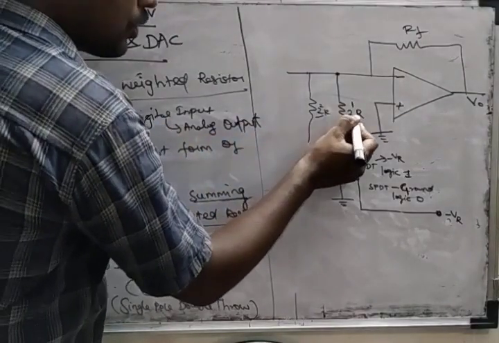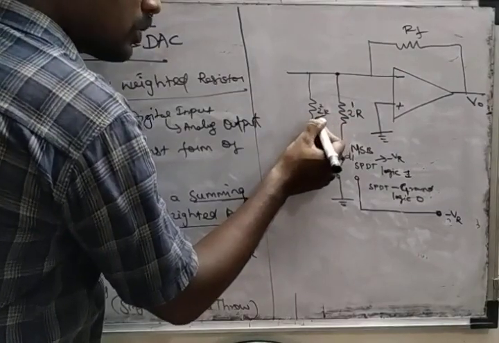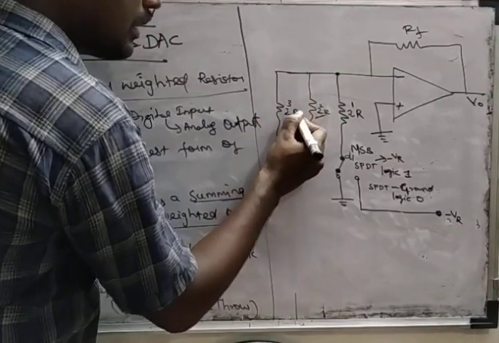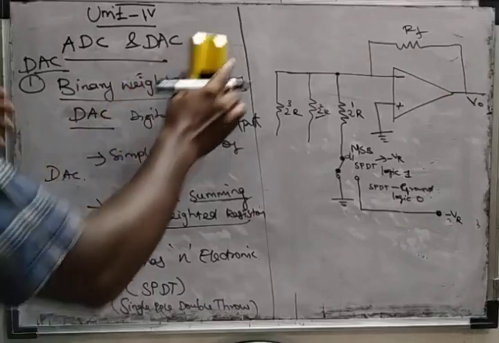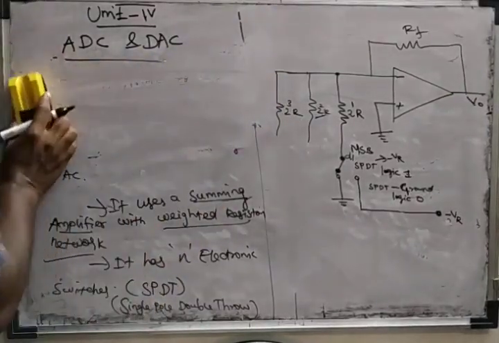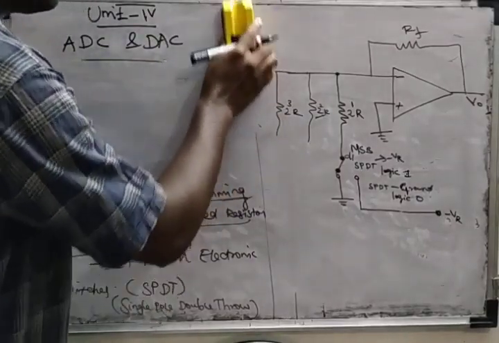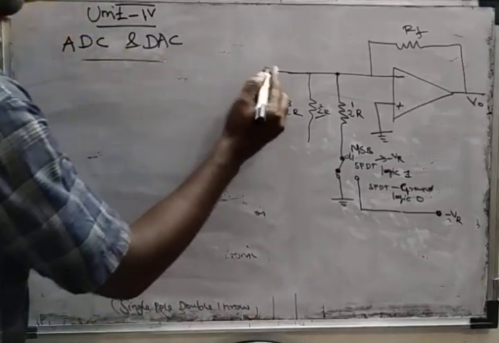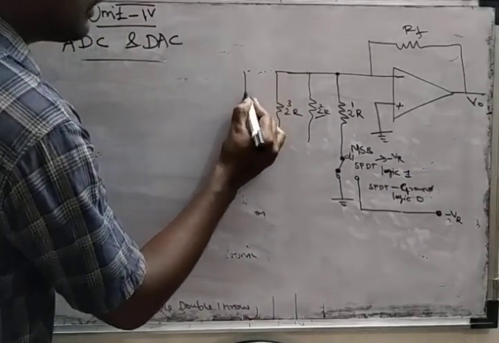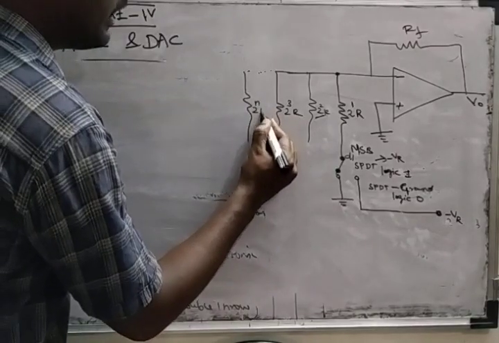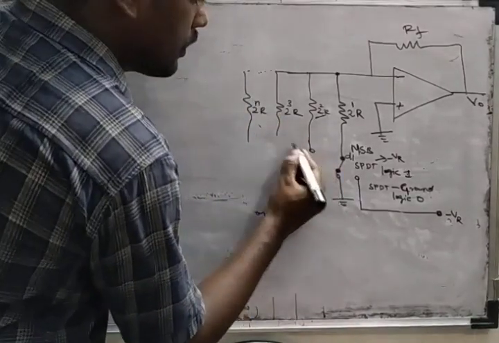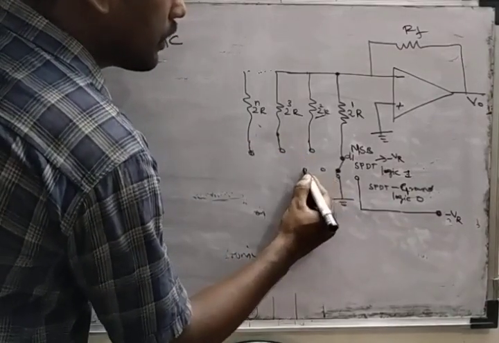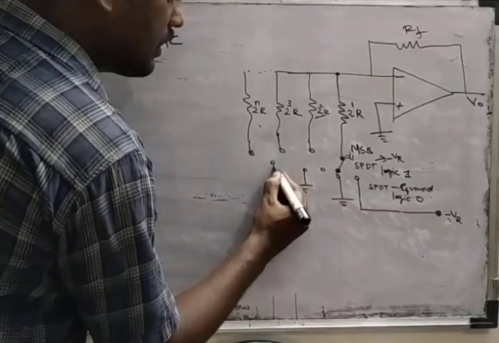Here the weighting factor is 2 power 1, here you have 2 power 2 into R, next you will have 2 power 3 into R, and after that you have 2 power n into R. One end you are having the ground signal.